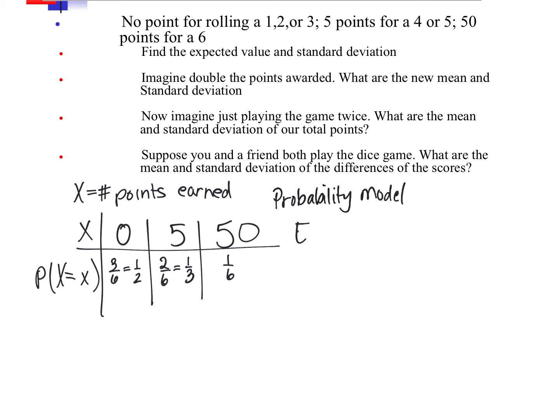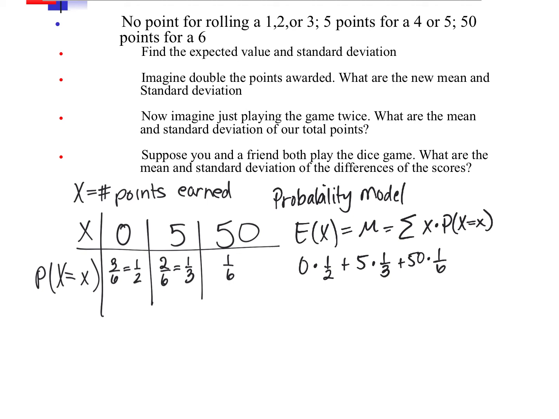Now, if I want to find the expected value, or the mean, the expected value is the sum of the x values times the probability. So that means 0 times the probability of 1/2, plus 5 times the probability of 1/3, plus 50 times the probability of 1/6.